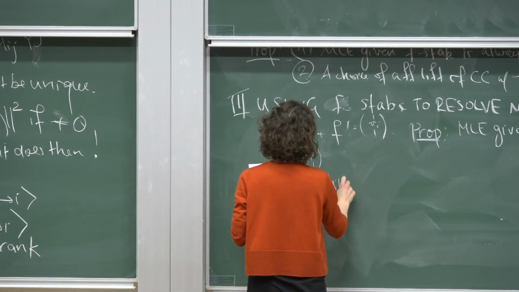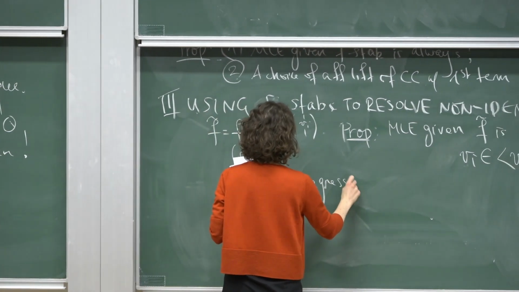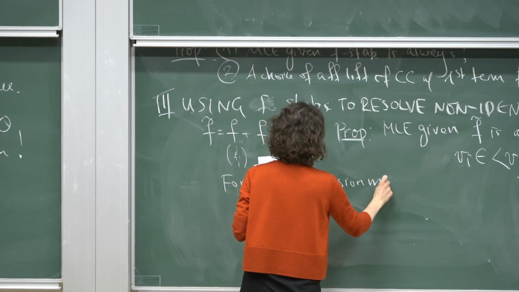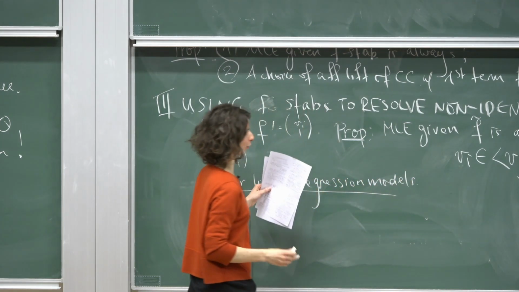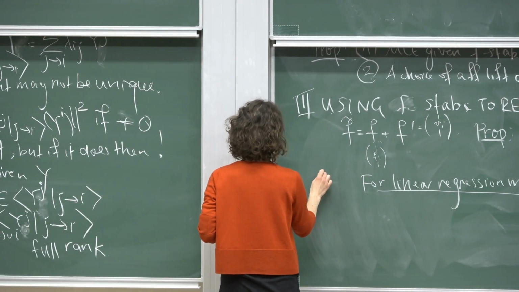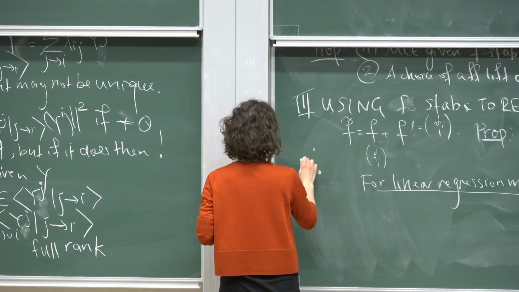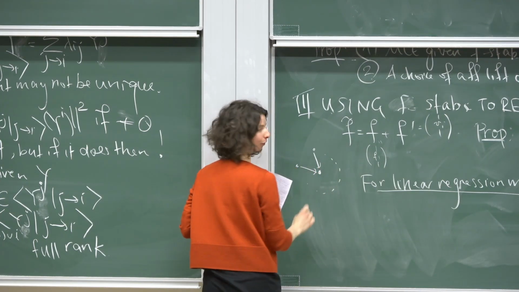for linear regression models, so in the context of these DAG models, what is a linear regression model? It's just a DAG model where you have a connected graph with a unique child vertex.